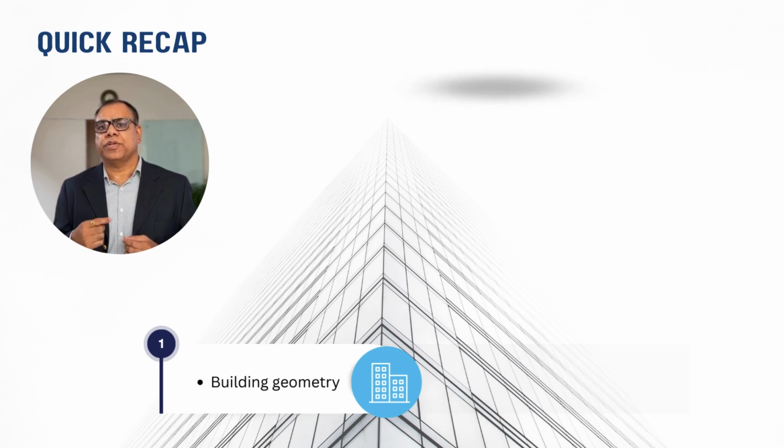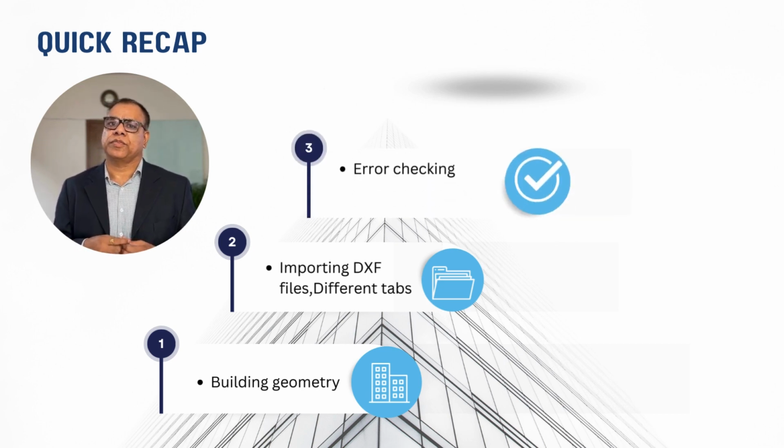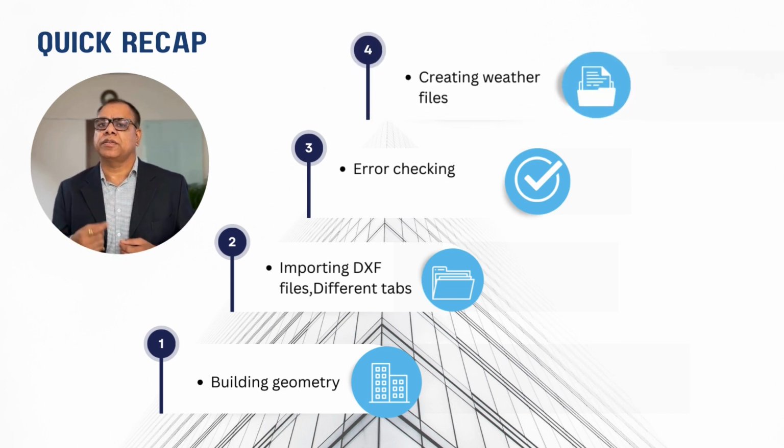We also discussed how we can import complicated DXF files of a large building and directly create a 3D model in Model IT. We also discussed that once it is imported and you have constructed the model, how to do the error checking. We also discussed how to assign the weather parameters and other location specific parameters for the building.